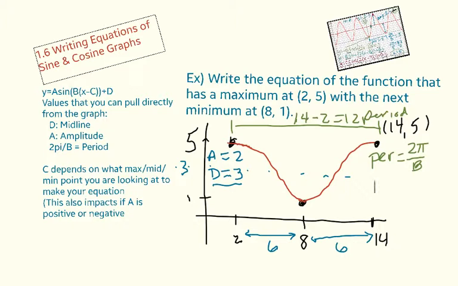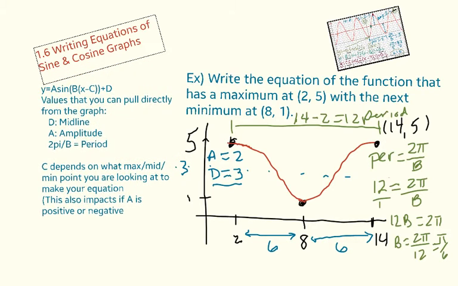Here the period is 12. So if I put that over 1 and cross multiply, I get 12b equals 2 pi, and therefore b equals 2 pi over 12, which reduces to pi over 6. That makes me uncomfortable because there's a pi in it, but that actually is completely normal. It is completely okay to have a pi within my b value. So we're going to let that stay as it is.